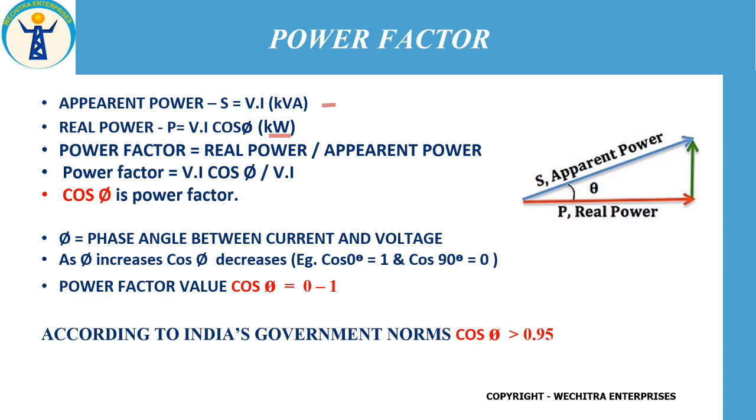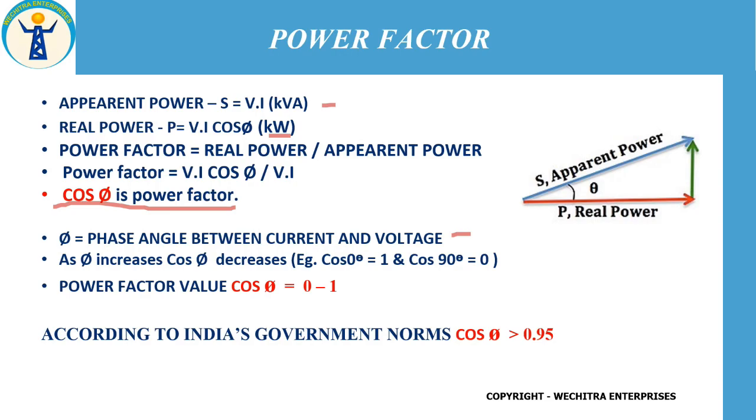Again, we can write it as VI cos phi by VI. So cos phi is your power factor. Now phi is the phase angle between your current and voltage. We have learned this in our previous slides.